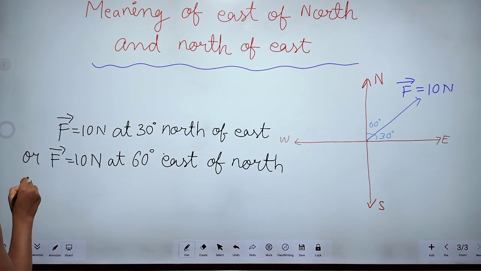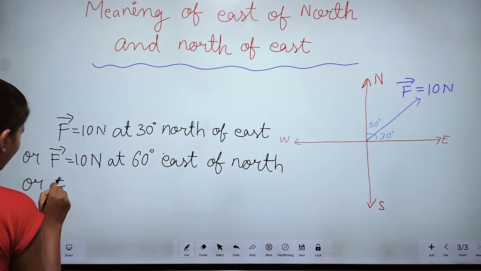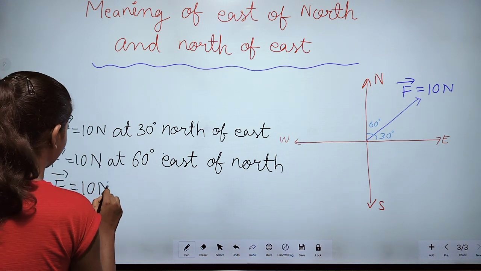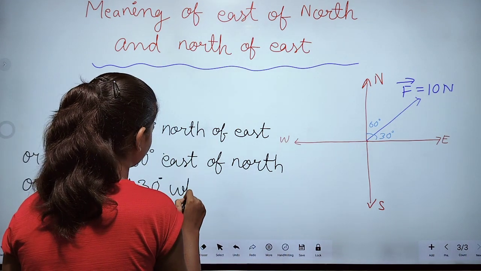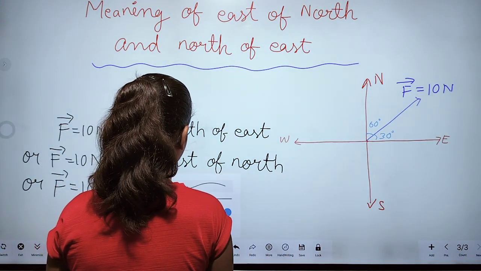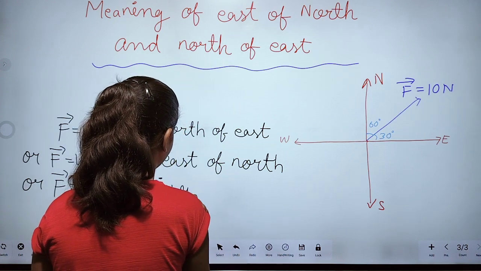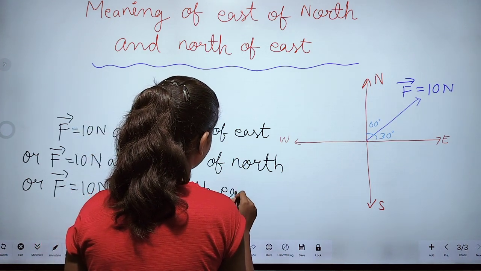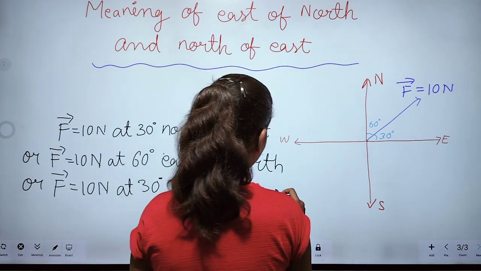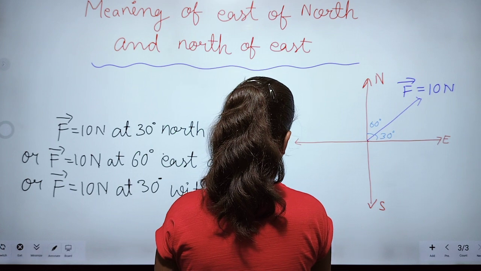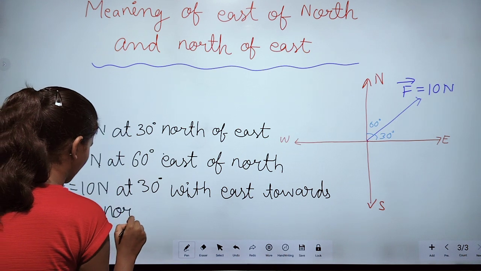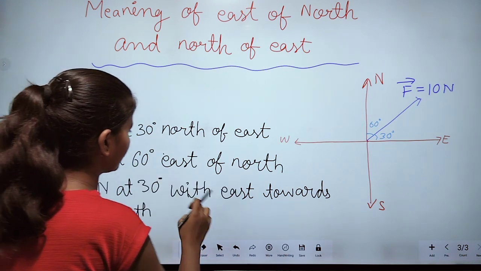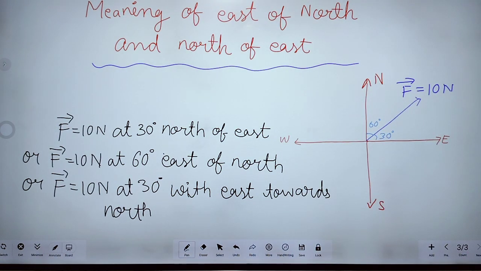Or you can also write like this: F vector is equal to 10 Newton at 30 degree with east toward north.